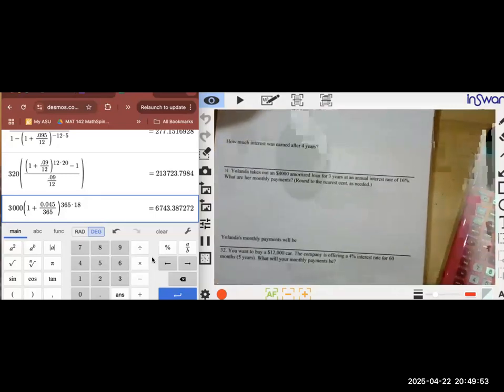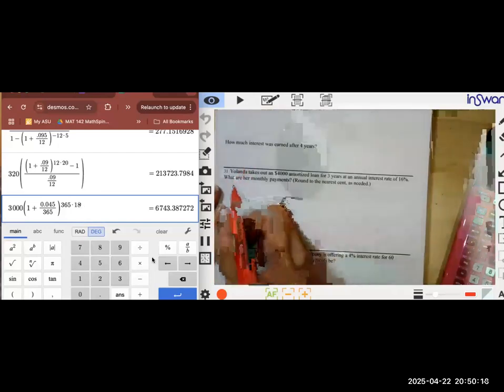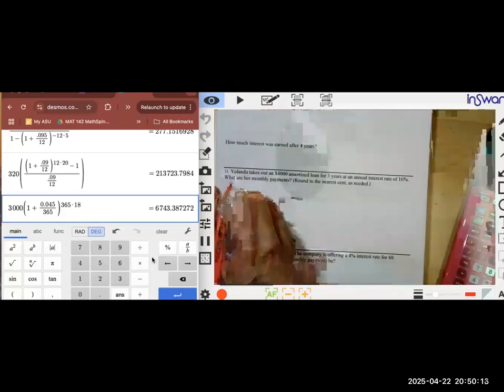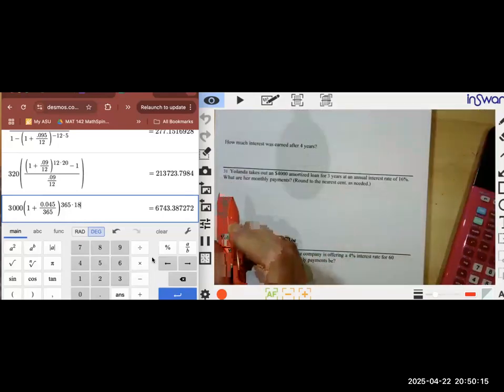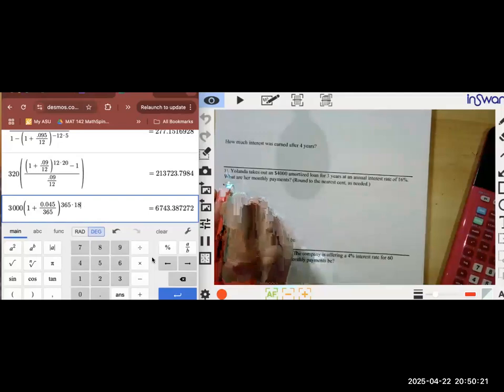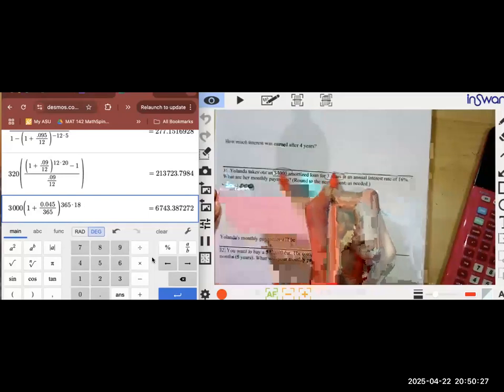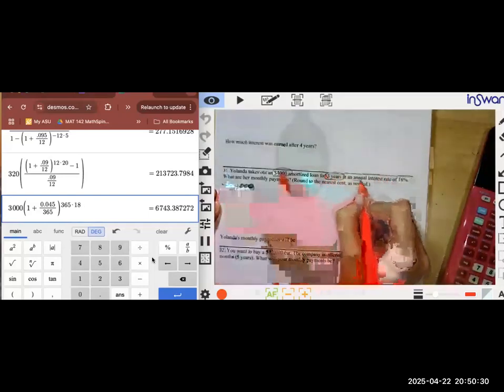Okay, Yolanda takes out an amortized loan. So are you starting this one out? So let's see. Our principal is that 4,000. We have 3 years. An annual interest rate.